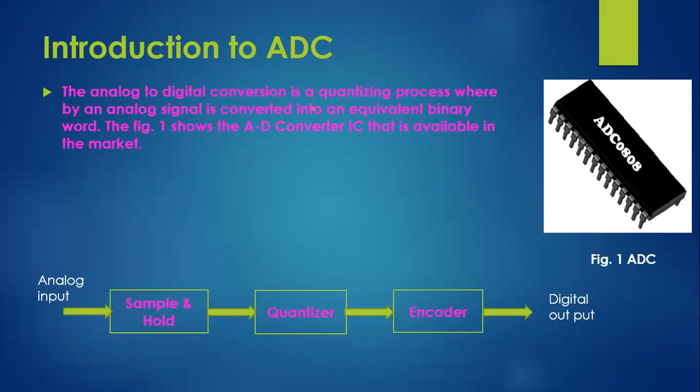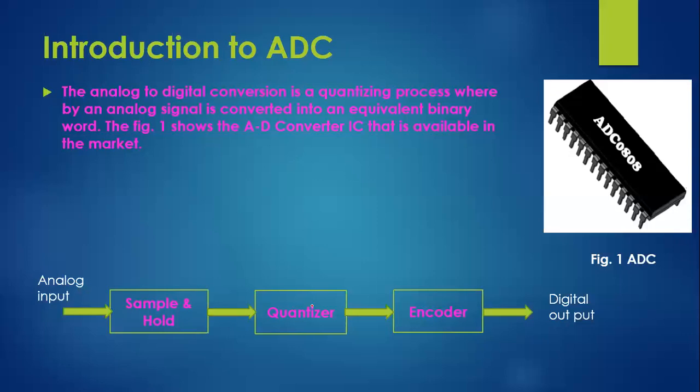So in order to convert such signals, first we apply the analog input to the sample and hold circuit, which will convert the analog signals into equivalent samples. The samples will be held for some time, and these held signals will be quantized by passing them to the quantizer.